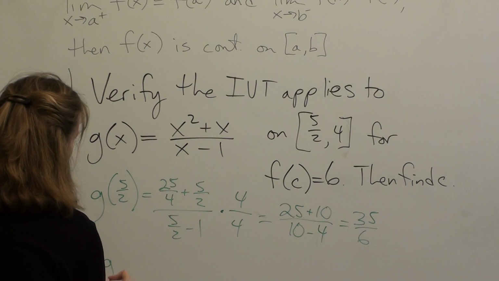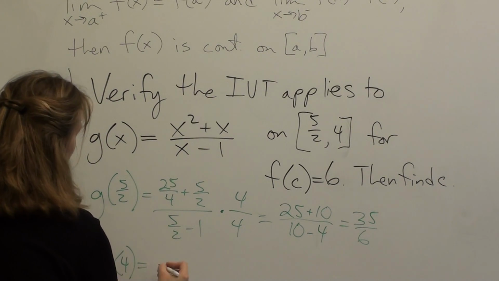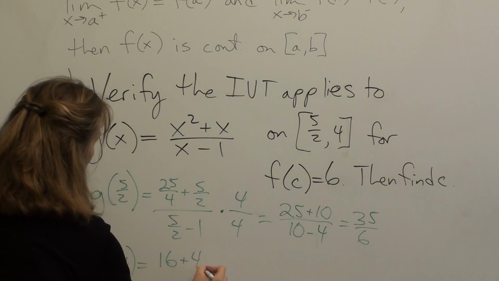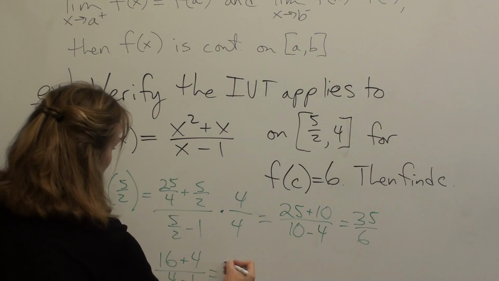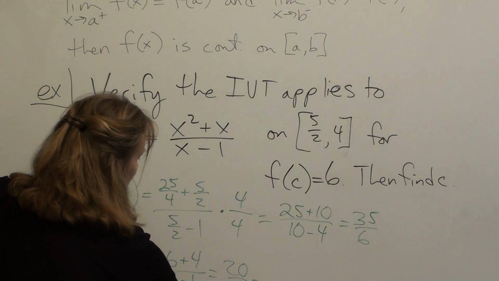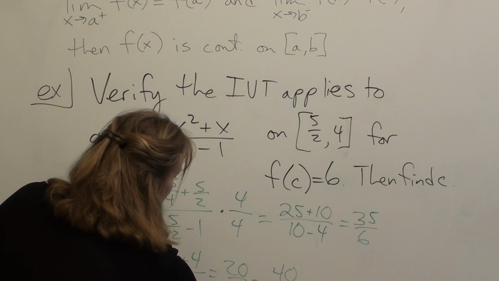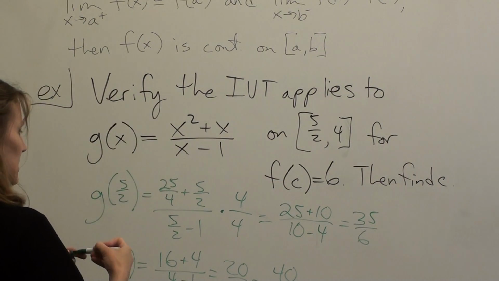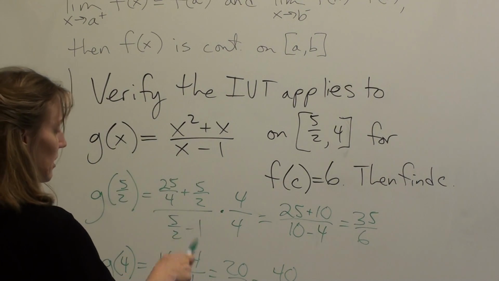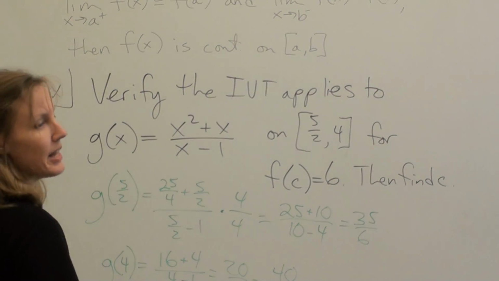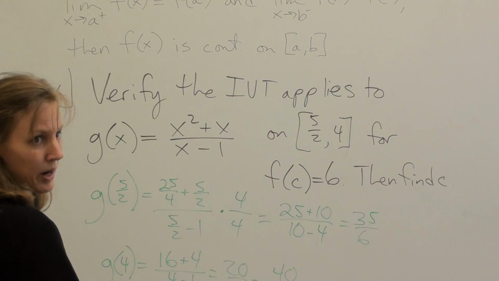g of 4 is 16 plus 4 over 4 minus 1, which is 20/3. Let's convert it and make it 40 over 6. Is 6 in between 35/6 and 40/6? Yes, because 6 is 36/6, right?